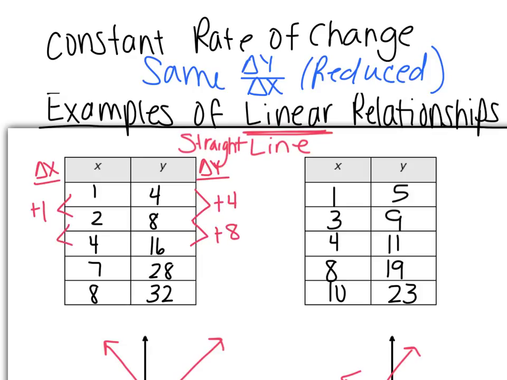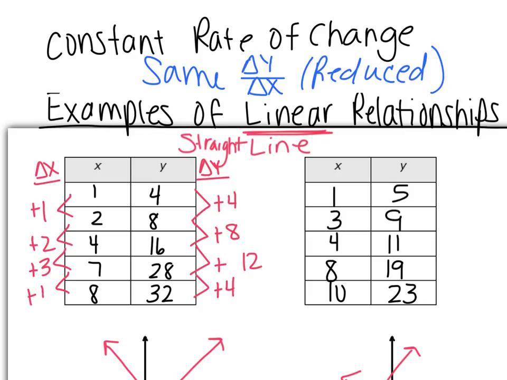This delta x right here is plus 2. This delta y is plus 12. This delta x over here is plus 3. And this last delta y is plus 4, and this is plus 1 over here.